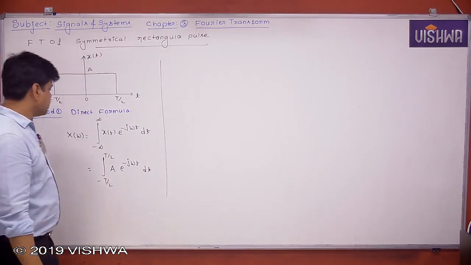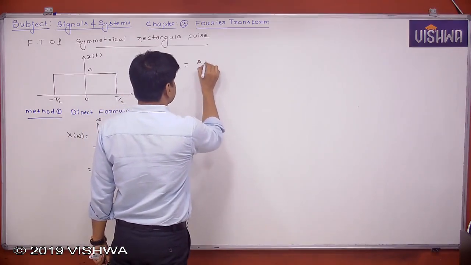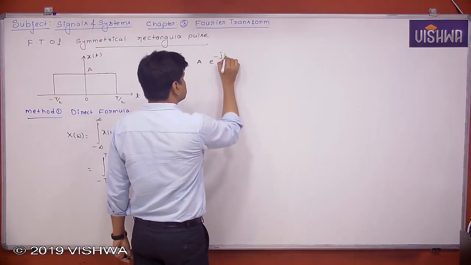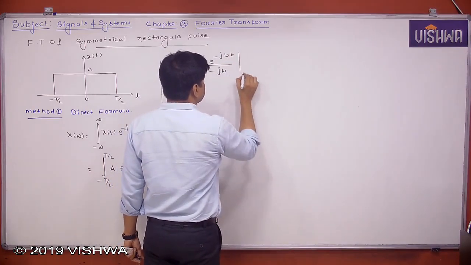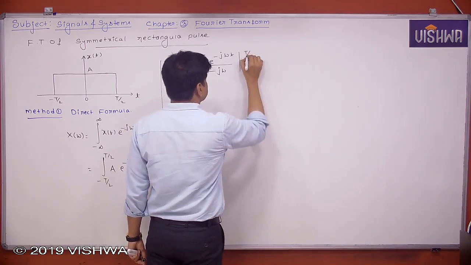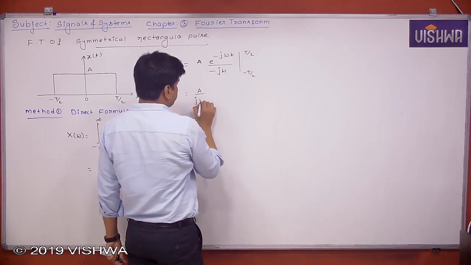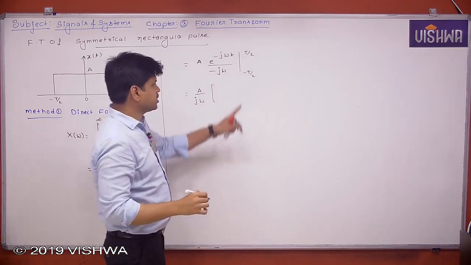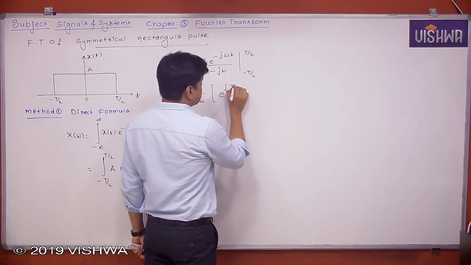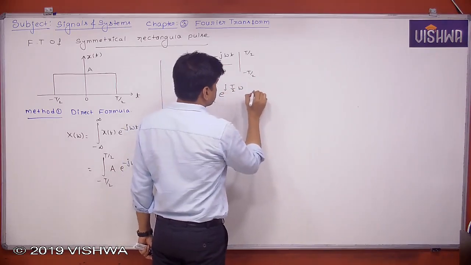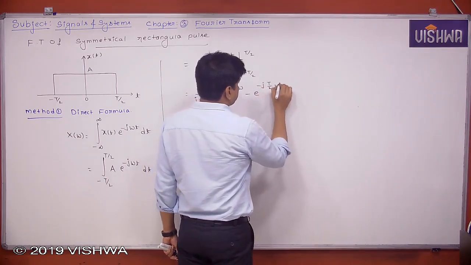If I do the integration, this is going to be A e power minus j omega t by minus j omega, from minus T by 2 to plus T by 2. Because of the minus sign, I can take A by j omega, and first substitute the lower limit, so this is going to be e power j T by 2 omega minus e power minus j T by 2 omega.